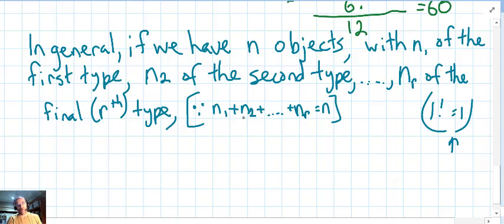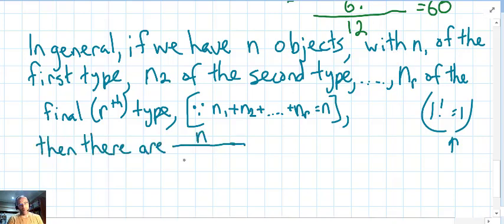Strictly, n1 plus n2 plus everything up to the last one should be the total, but in practicality you don't need to worry about it because it's 1 factorial for those single entities. So given that, there are n factorial over n1 factorial times n2 factorial and so on up to the final one, nr factorial. And there'll be that many.